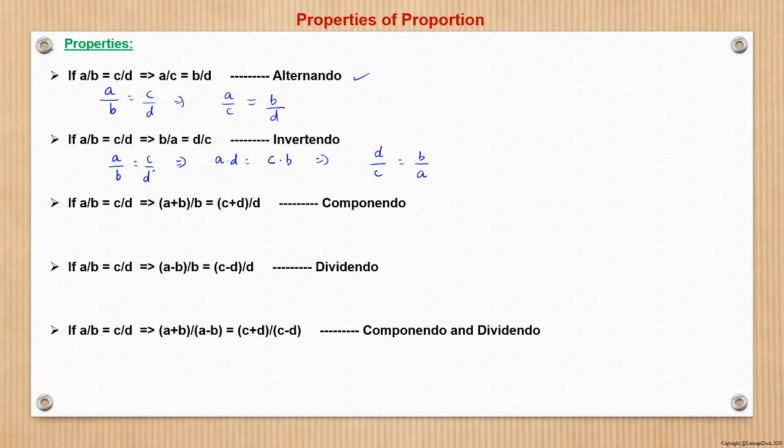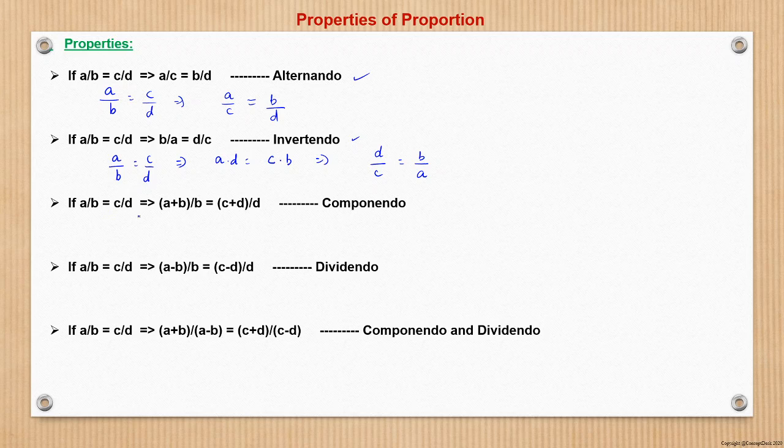So A by C is equal to B by D is not what we are writing here; A by B is equal to C by D is nothing but we can also write D by C is equal to B by A. So we are basically reversing the numerator with the denominator both on LHS and RHS. This is known as invertendo, which is a very self-intuitive thing, but it goes by the name of invertendo in mathematics.